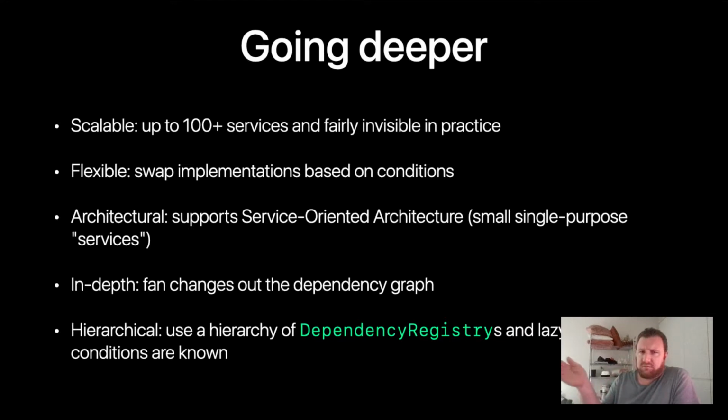You can hide those in different implementations of the same dependency, and then you just register when you actually pull the user out of the keychain and go, oh yeah, they've logged in with Facebook, you can then just go, cool, Facebook login service is the one, and then the rest of your code just works. It doesn't have to know anything at all about that.